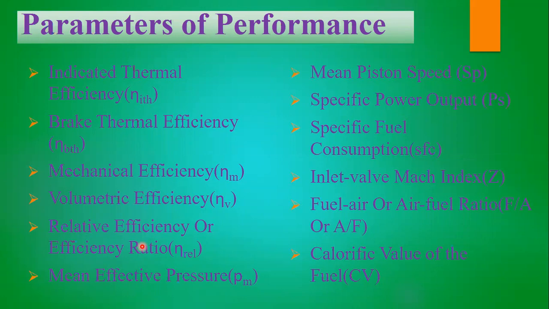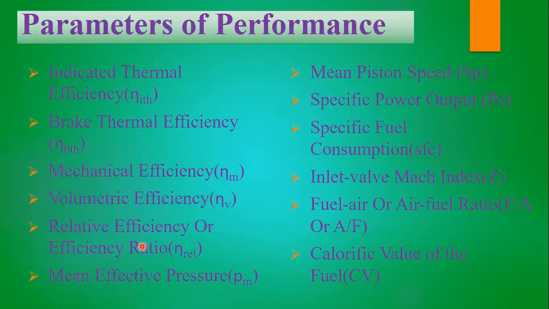And coming to brake power, what is brake power? How much energy is converted from chemical energy into mechanical work. Whatever the energy available at the crankshaft, that is what brake power. Whatever power is useful to run the crankshaft, that is brake power.